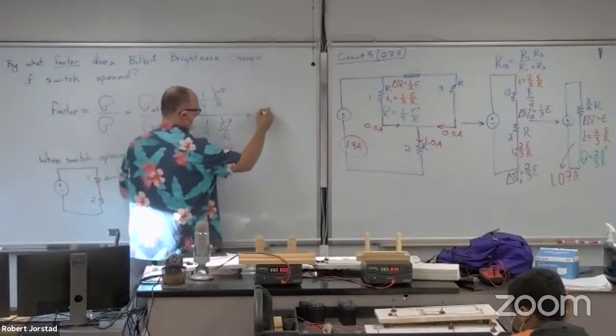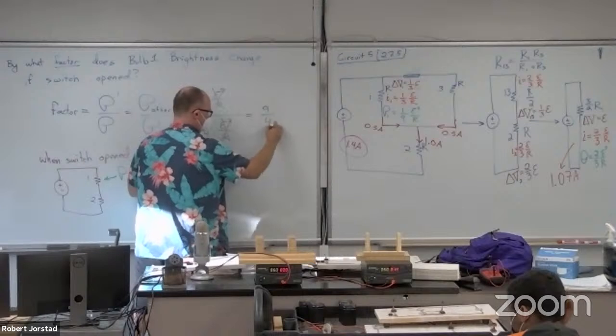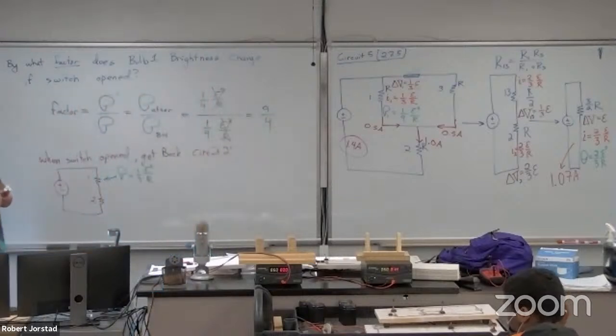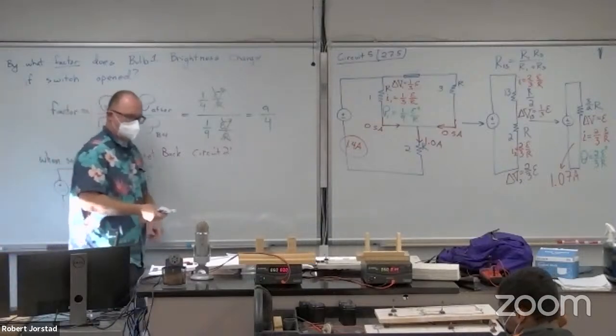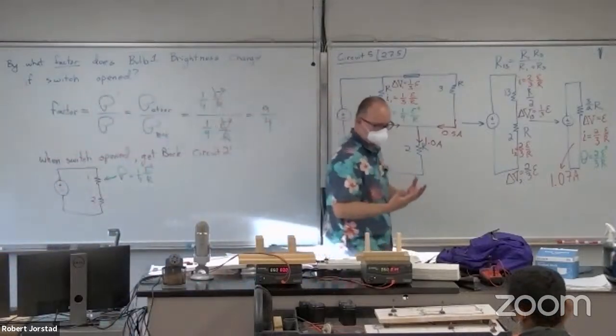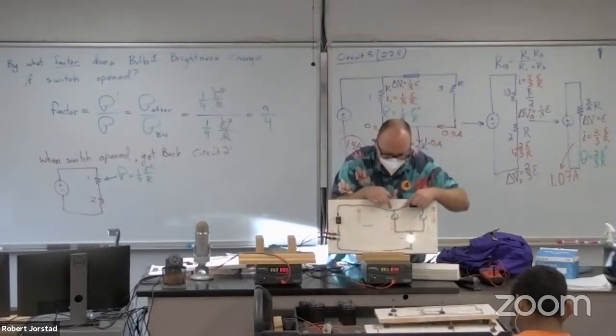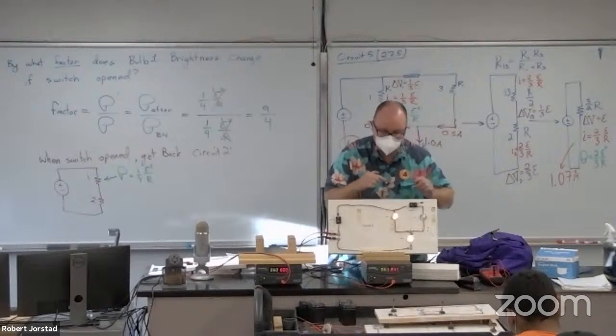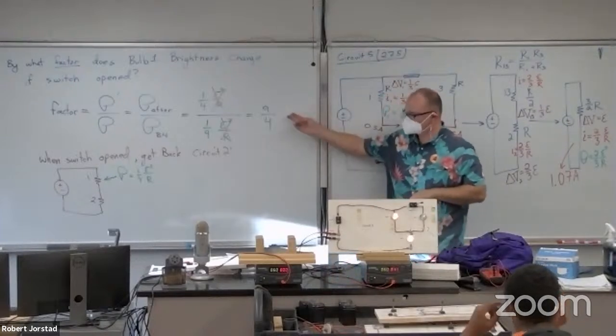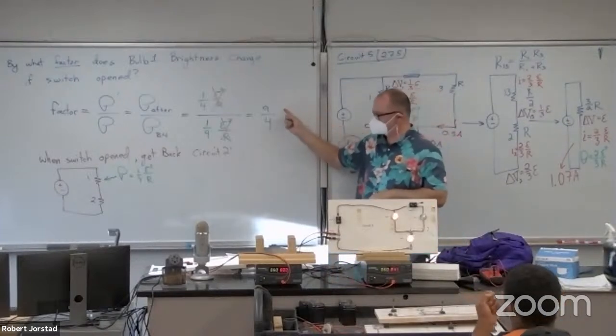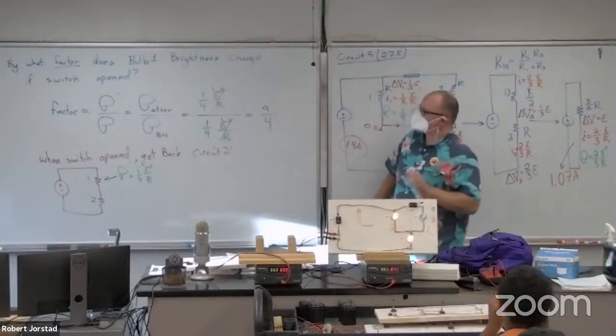Multiply both by the reciprocal. It's just 9/4. Now, it's not double, is it? It's close. It's 2.25. Right? So the idea here is, in general, the procedure that I just showed you helps us understand the brightness of this bulb goes up by more than double. Right? It goes up by factor 9/4.